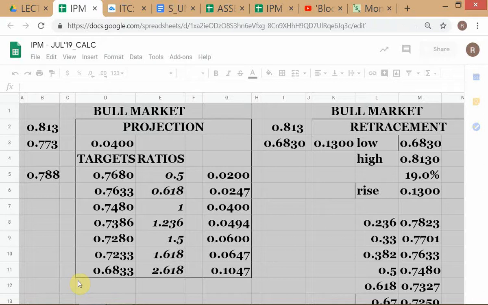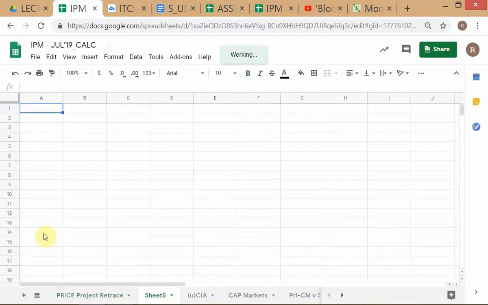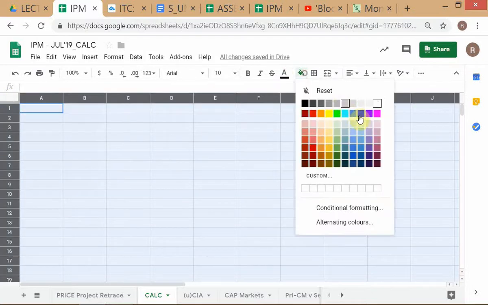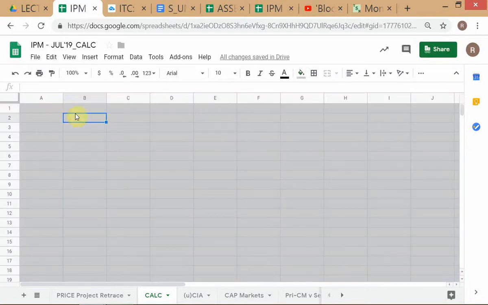There's some stuff here which we have not yet covered, but I'll add a sheet for today. We'll just call it calc as a general figure. Let's rehash this concept because we'll need it in many other places in finance.